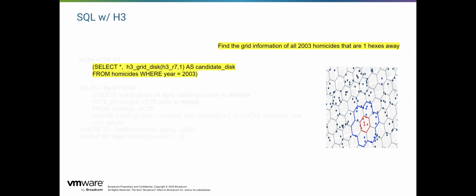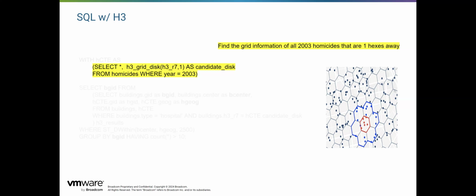Now let's go back to the original query. I wanted to find the 2003 homicides. How do I do that? I'm going to say, from homicides, only keep the 2003 homicides. Then I want to find all of the grids that these 2003 homicides reside in.